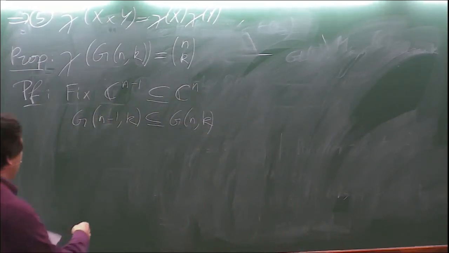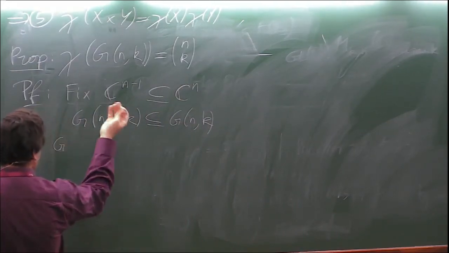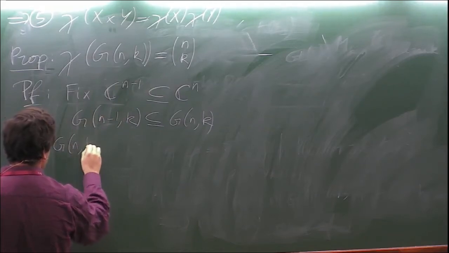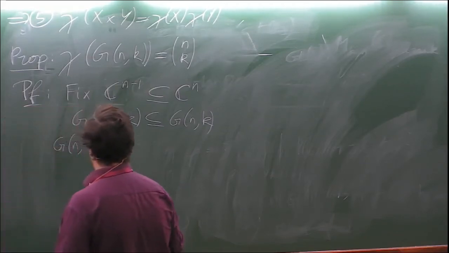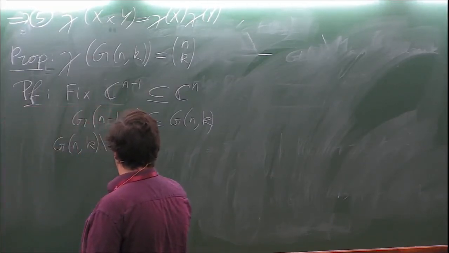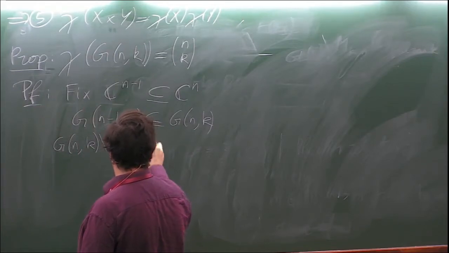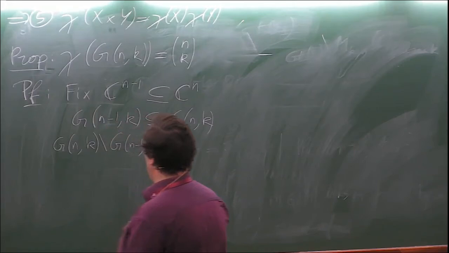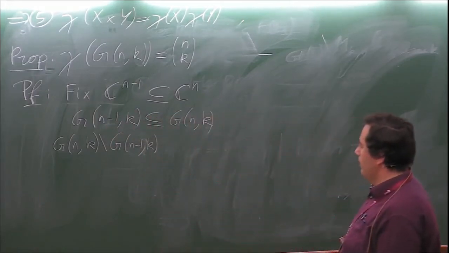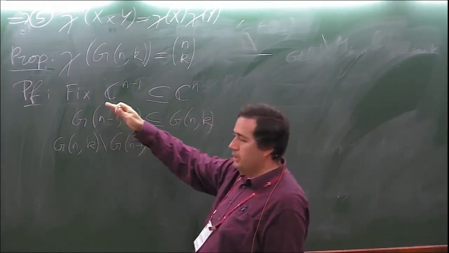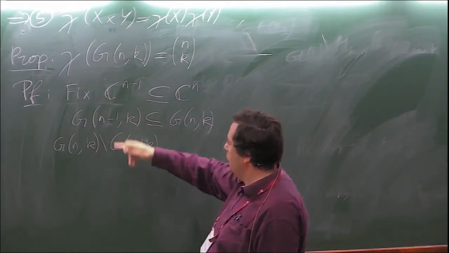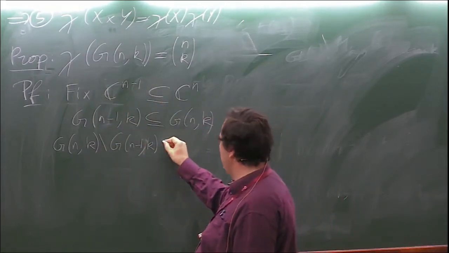So we have that. And then I try to understand the complement of that, Gr(n,k) minus Gr(n-1,k). Now I have something which is the complement, and I want to sum up the two Euler characteristics of that.